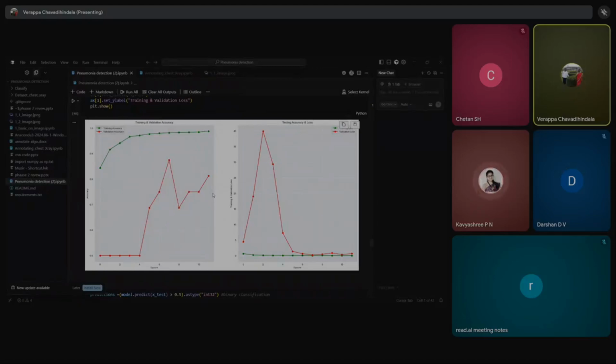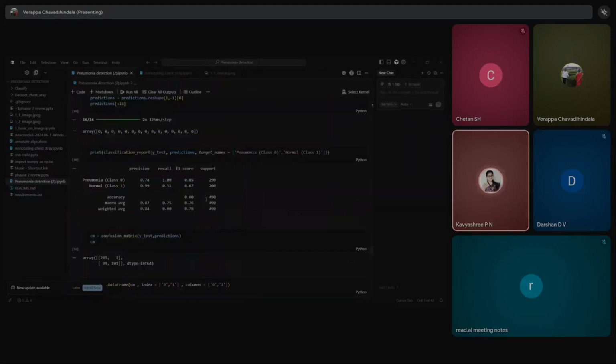Scroll a little bit downwards. Okay, 16 out of 16 epochs you have taken. Pneumonia zero precision is 0.74, normal recall is 1, F1 score is 0.8285. You would have placed these values there.